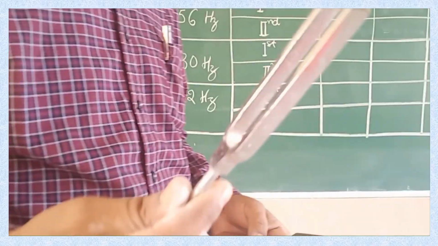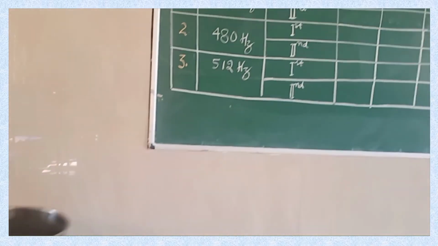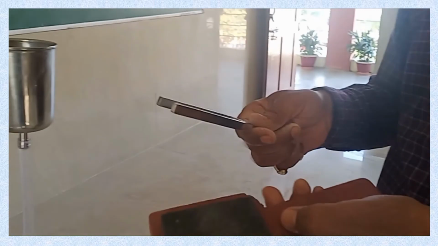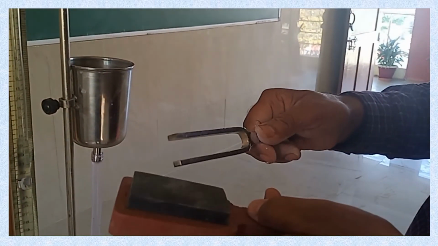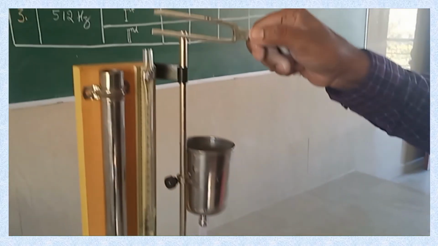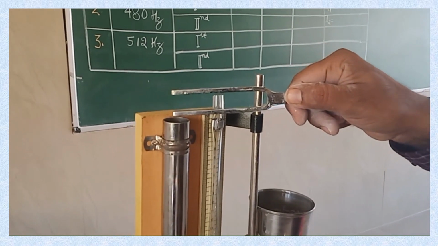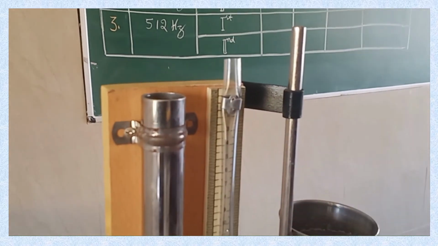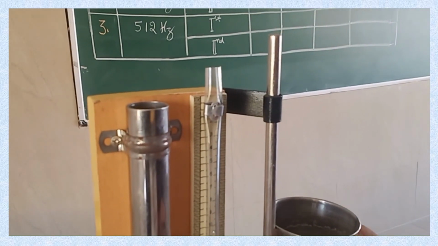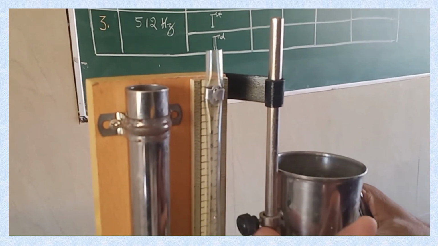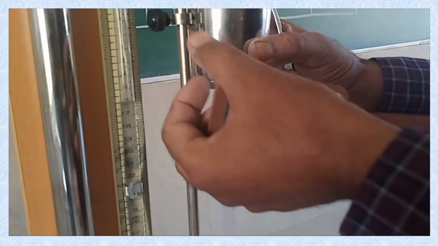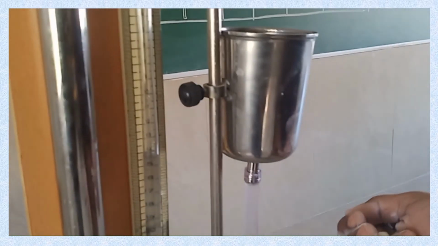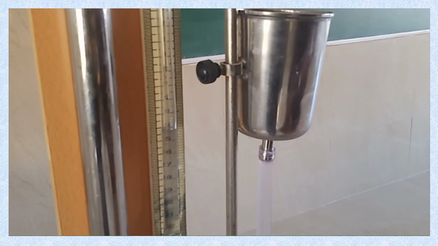Now strike the tuning fork on the rubber pad and bring it near the mouth of the resonance tube. Now you can change the position of the water level, then you can start.